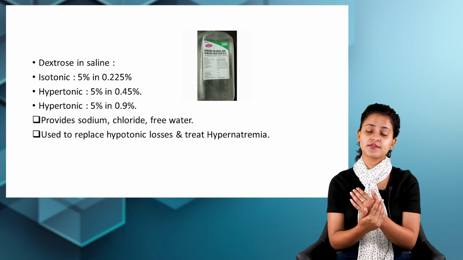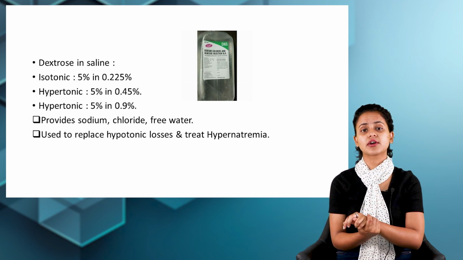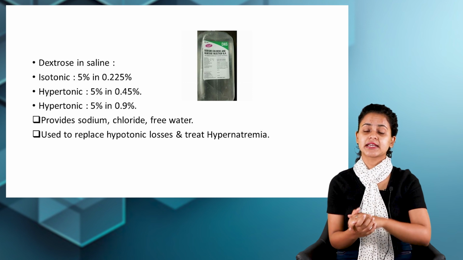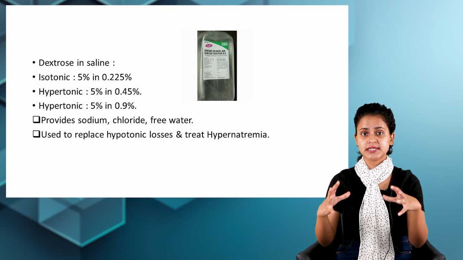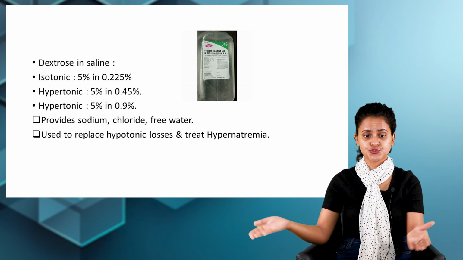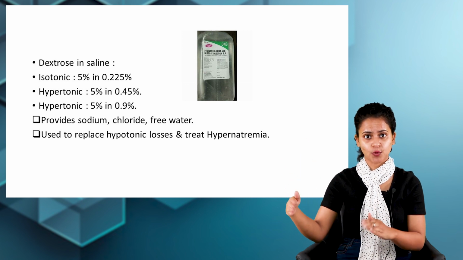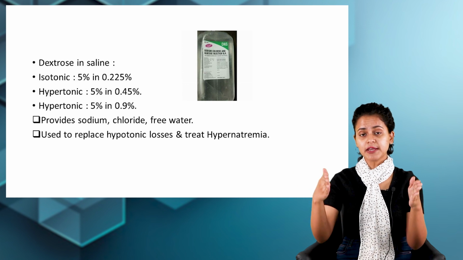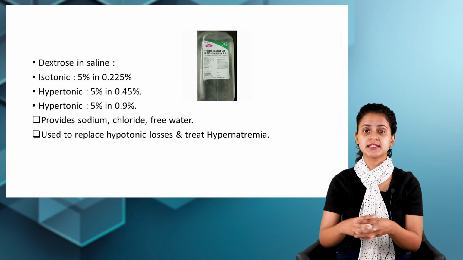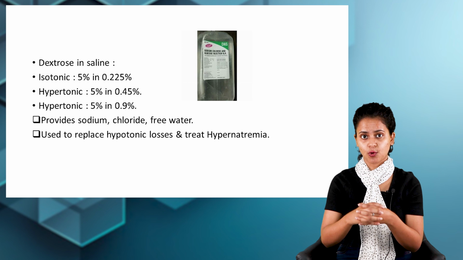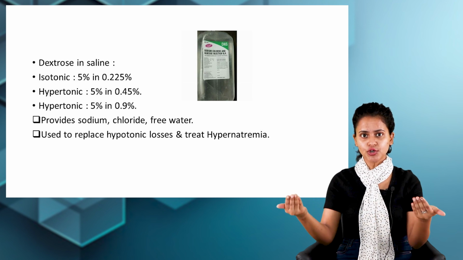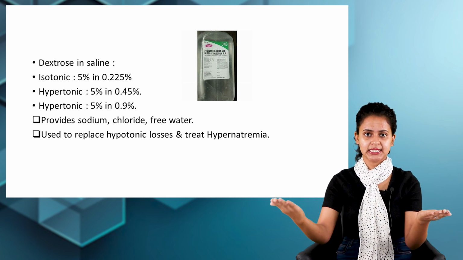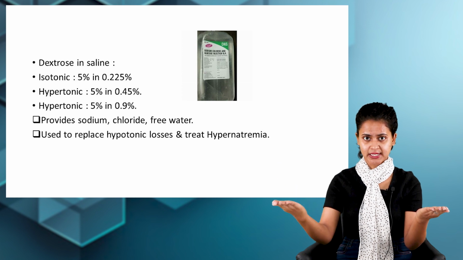In the hypotonic one, there is 5% dextrose in 0.45% normal saline. In the hypertonic solution, there is 5% dextrose in 0.9% saline. So it is a mixture of dextrose solution and normal saline.